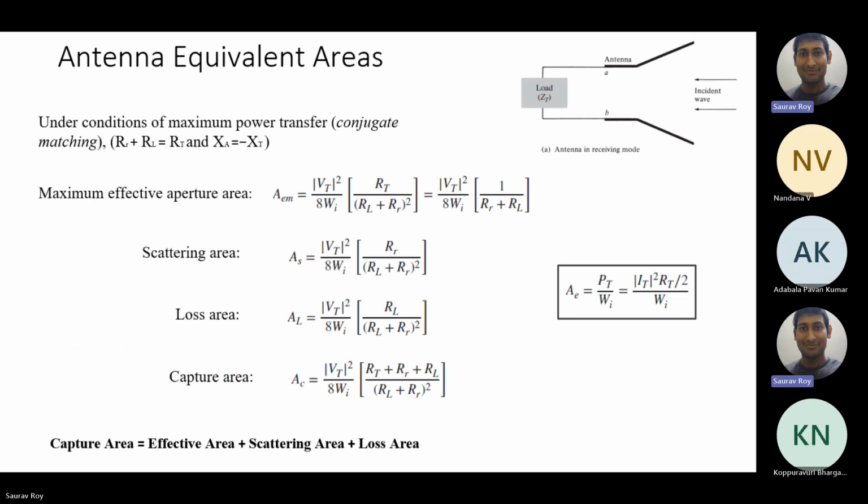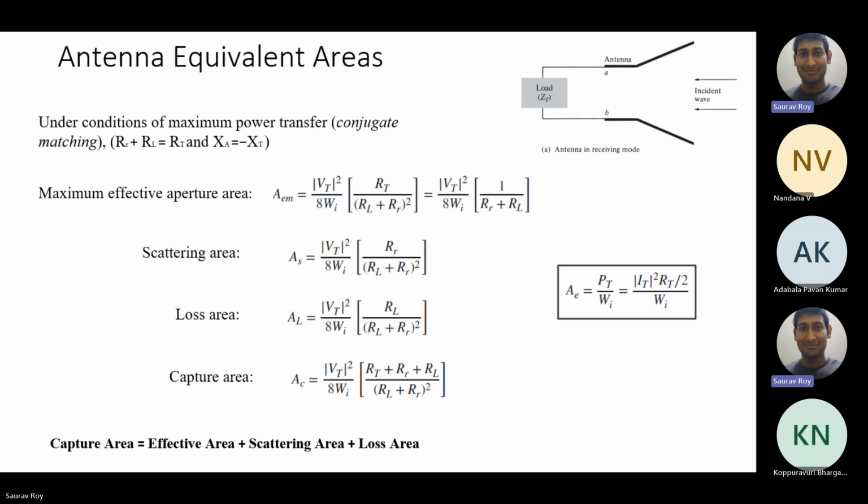Now that we have these powers, how do we take this into account? We are not going to always calculate the current and voltage. There are other terminologies in antenna that we will take care of, and those are called antenna equivalent areas.